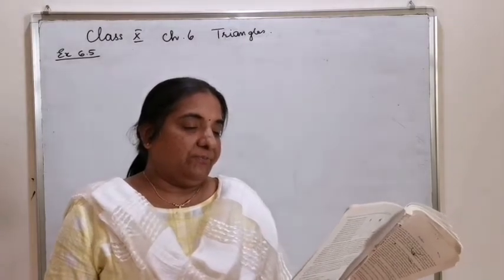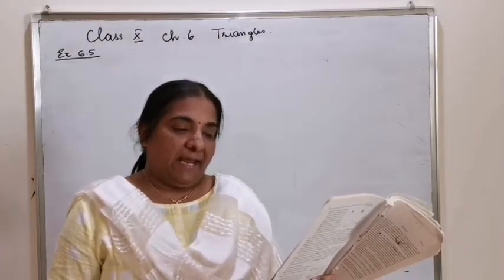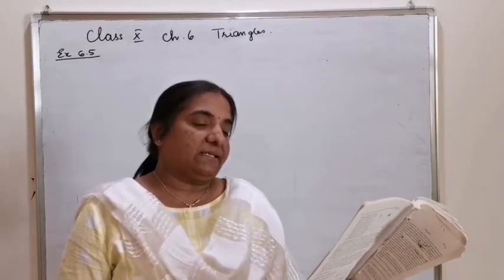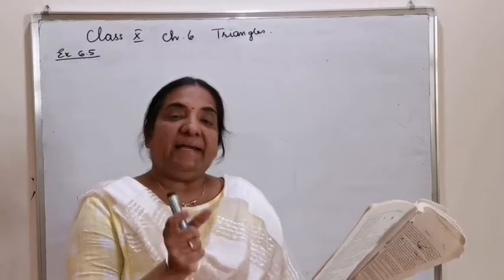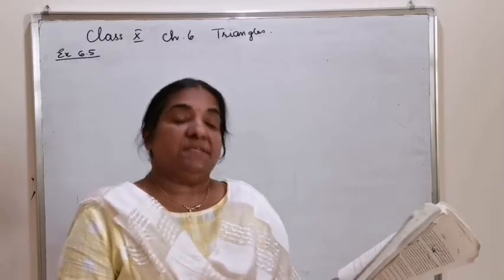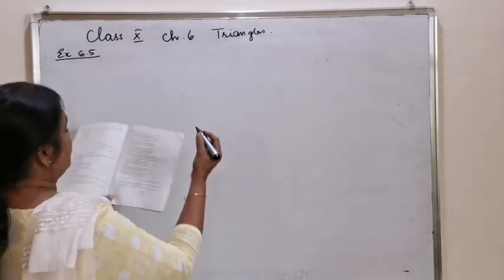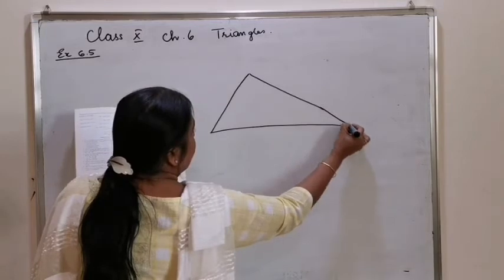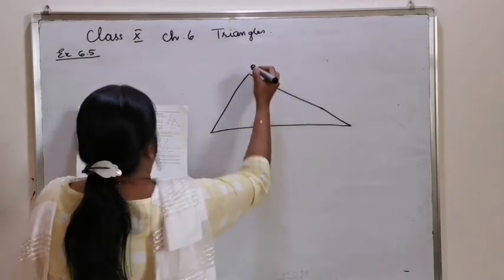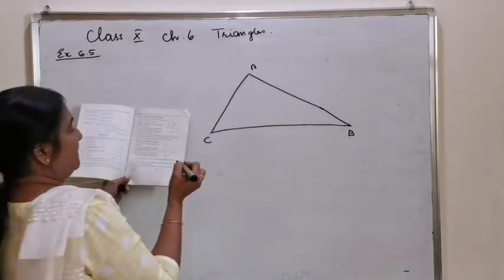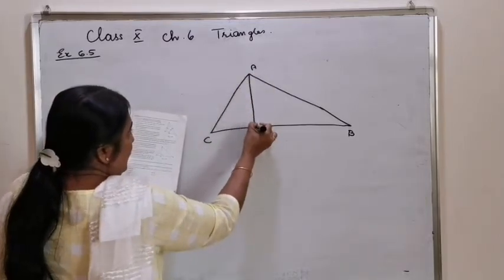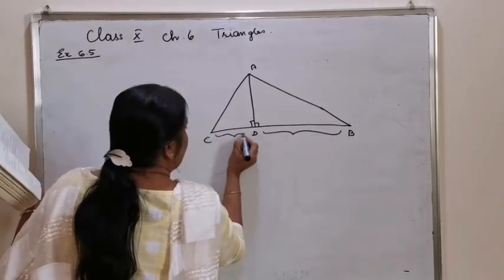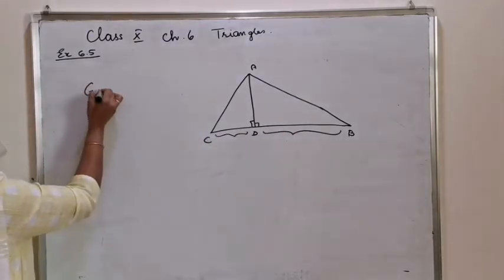The figure is given to you. The perpendicular from A on side BC of a triangle ABC intersects at D such that BD length is 3 times CD. If you check the figure, it is very visible that in triangle ABC, the perpendicular AD is drawn such that the BD length is 3 times CD length.